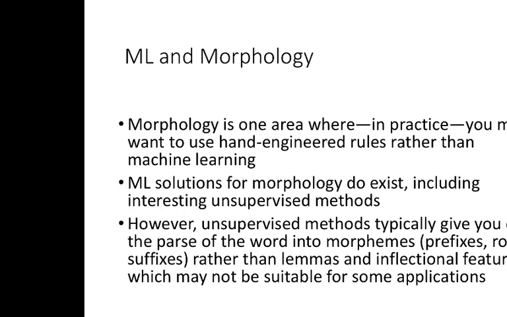You can basically take a big corpus, feed it to Morfessor or Morfessor FlatCat, these unsupervised morphological learners, and get back a model that will parse words into morphemes. Now, it doesn't give you a lexical form, a lemma or a dictionary form, and it doesn't tell you what any of the other morphemes mean.